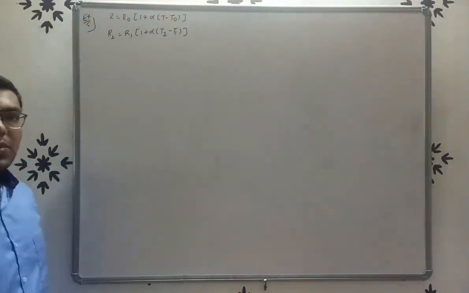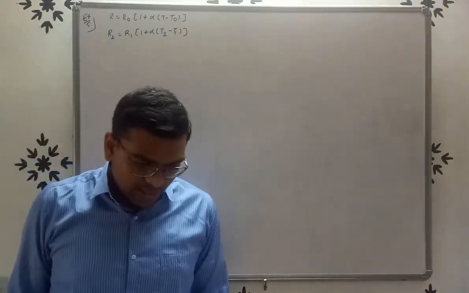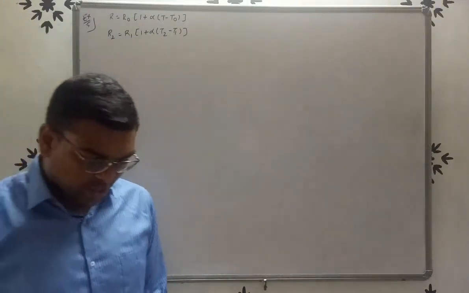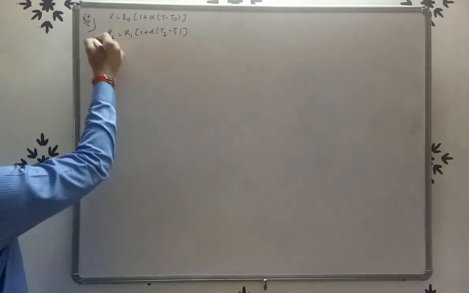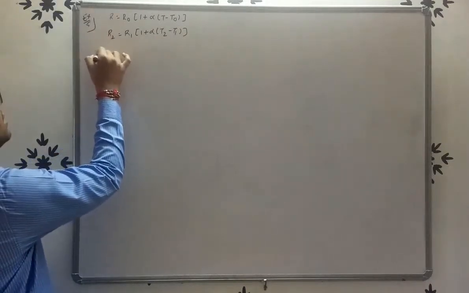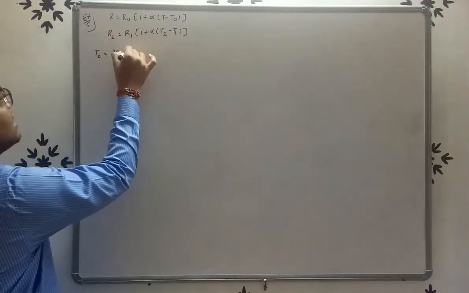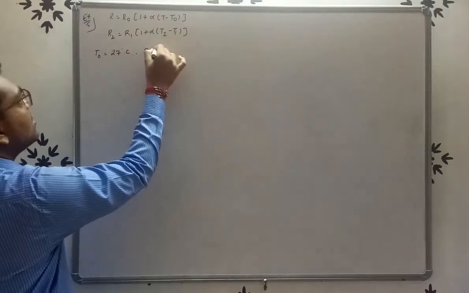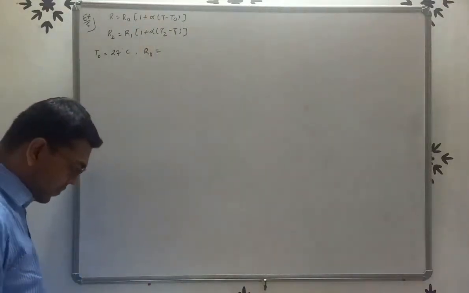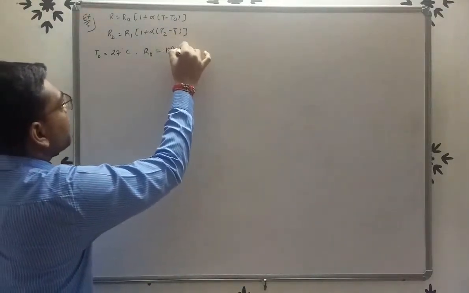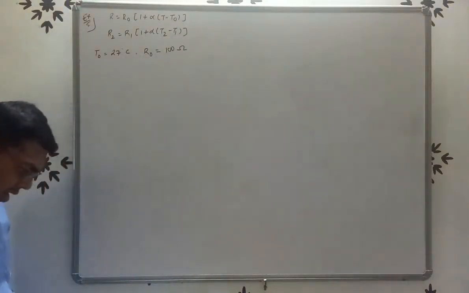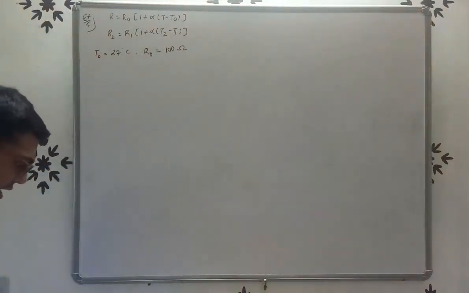So here we know the resistance at room temperature. So here room temperature T0 is 27 degrees Celsius. So R0, resistance at room temperature, is 100 ohm. Right. Now what is the temperature of the element?